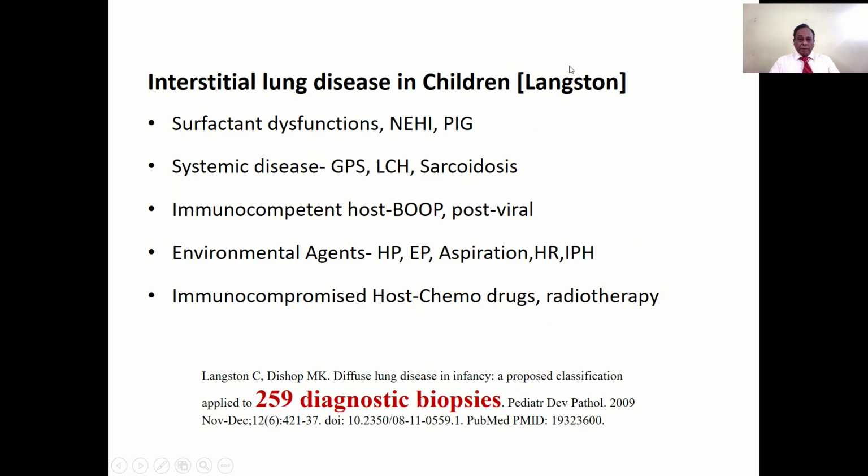I think it's a very good paper done by Langston, published in 2009. He had an opportunity to do a lot of lung biopsies, surgical biopsies, and he classified ILD into 4 or 5 groups.